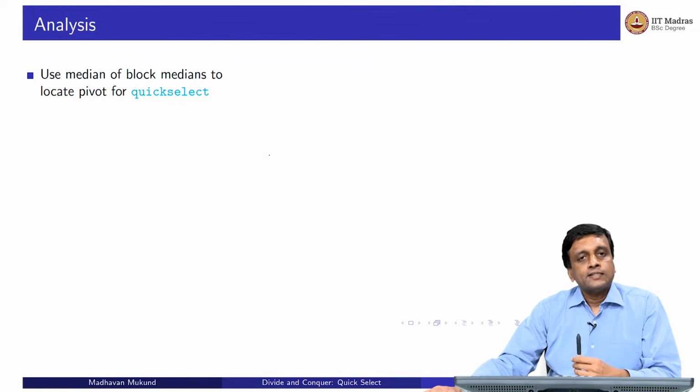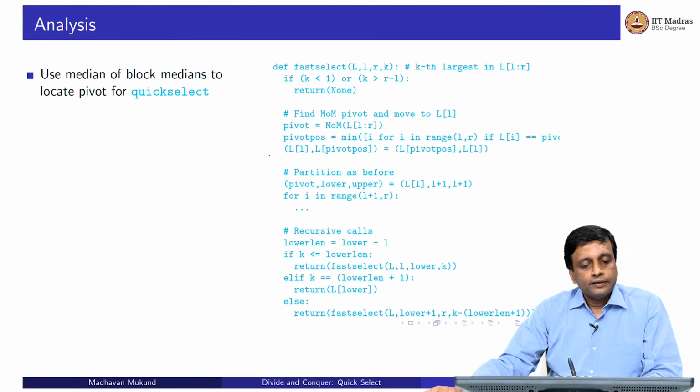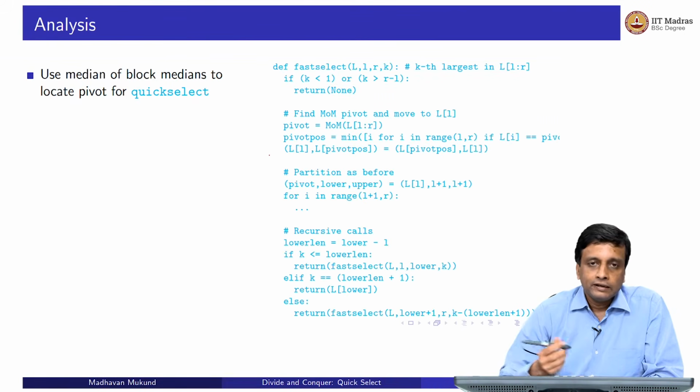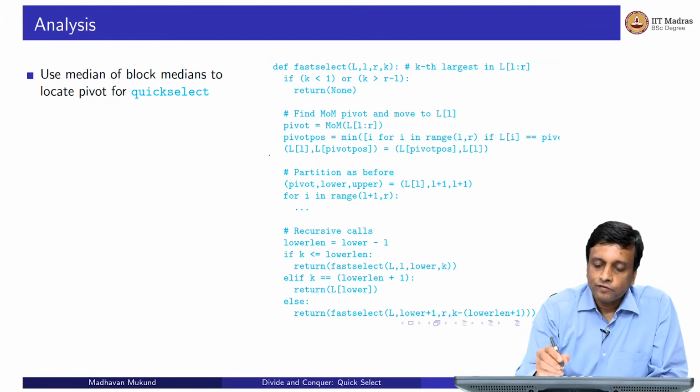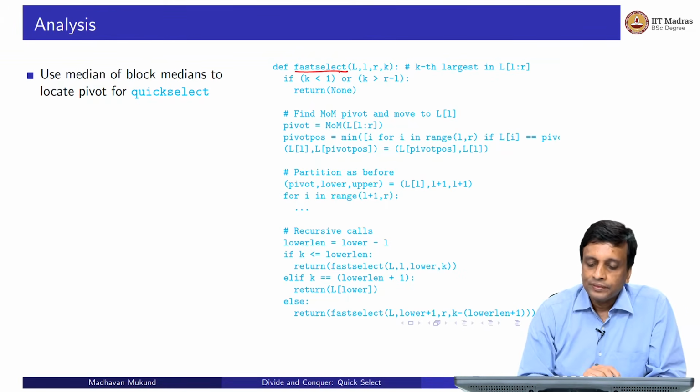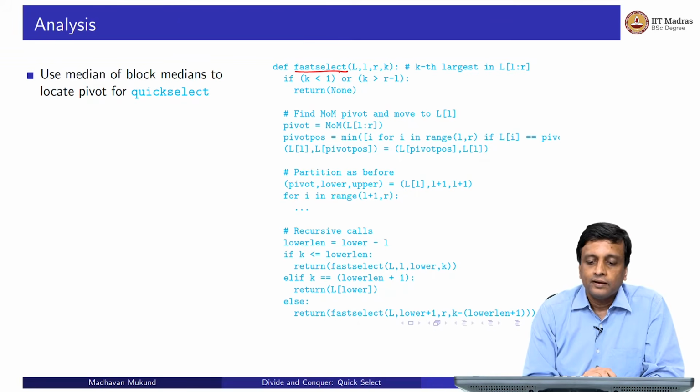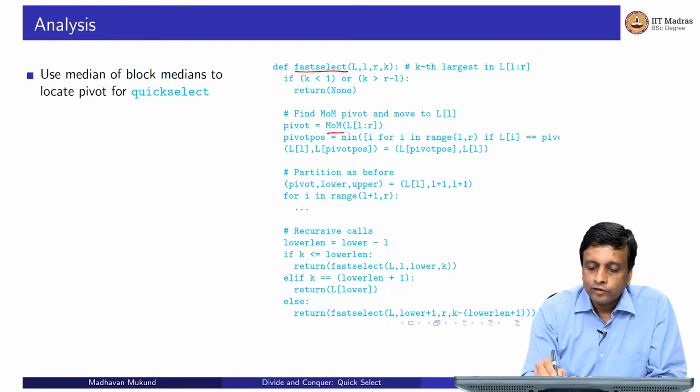Now this gives us a strategy to use this median of block medians. Let me change quick select and call it fast select. Fast select is like quick select, except that instead of picking the first position as the pivot, it calls this median of medians.